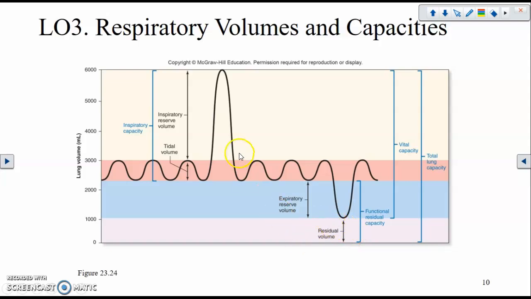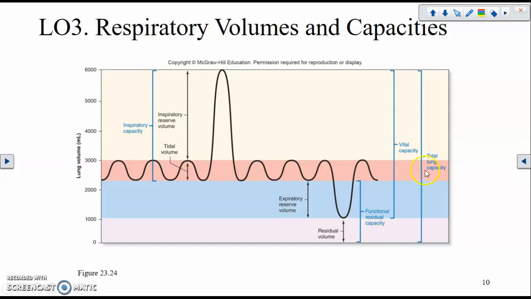Now when you do some additions here, if you take the volume that you move in and out normally plus the inspiratory reserve volume, that's called the inspiratory capacity. Again, capacity means the sum of two or more volumes. The vital capacity is all three measurable volumes added together: IRV, TV, and ERV.